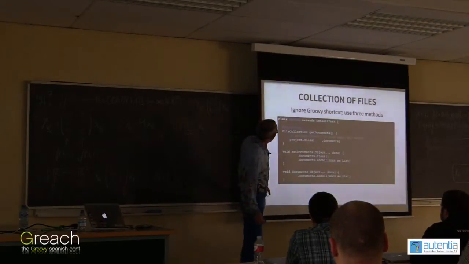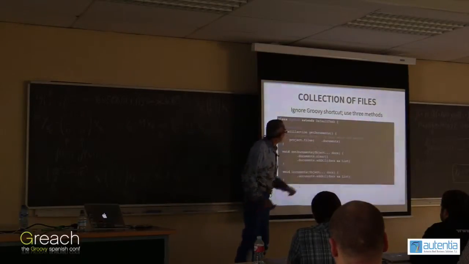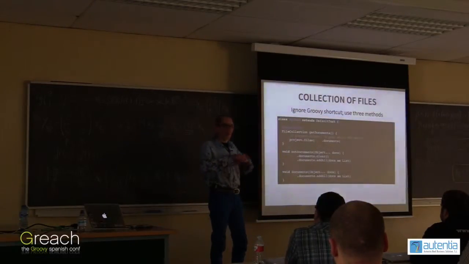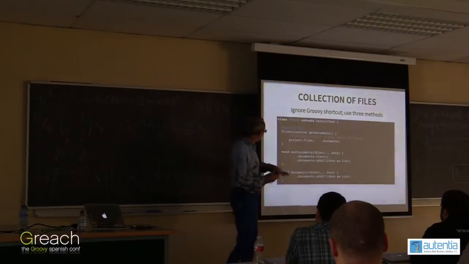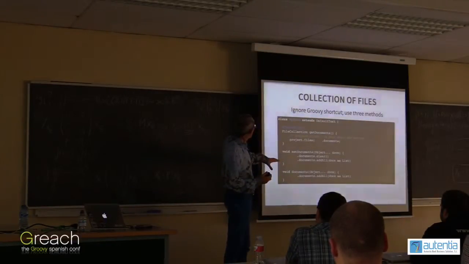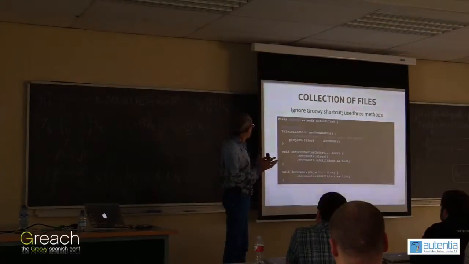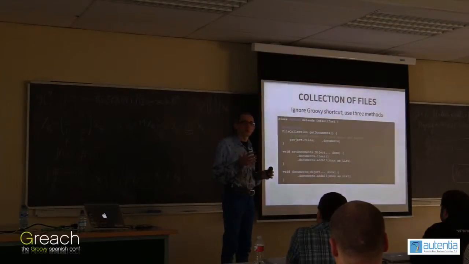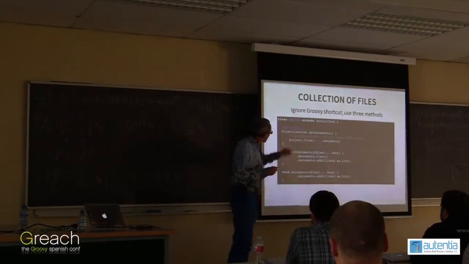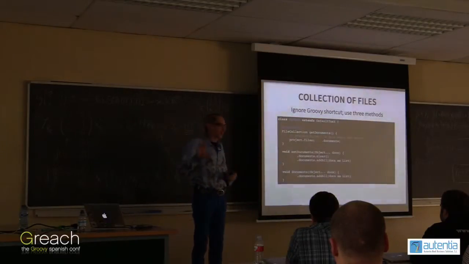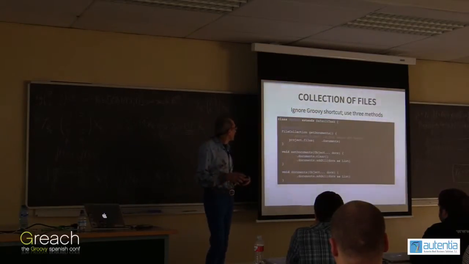What we actually do with this is it will handle a whole bunch of objects. So instead of setting documents to be a list of files, we make it a list of objects. And what project files will do for you, nicely handled by the Gradle API, is decide: is it a string, is it a file, is it anything else that's convertible, is it a closure?